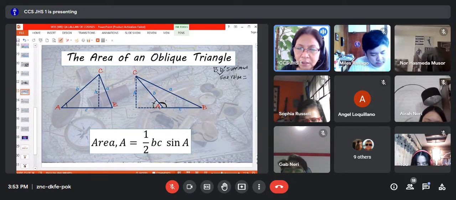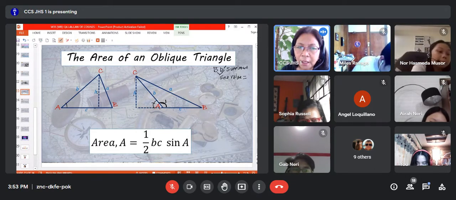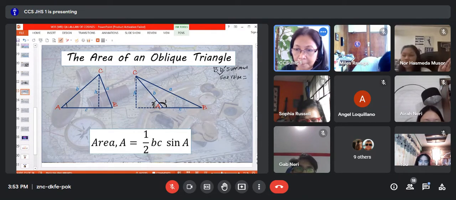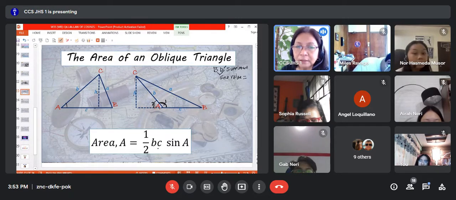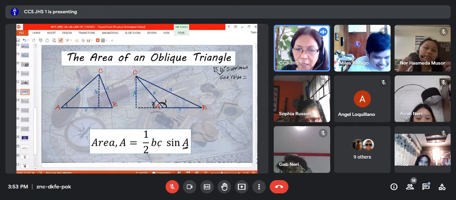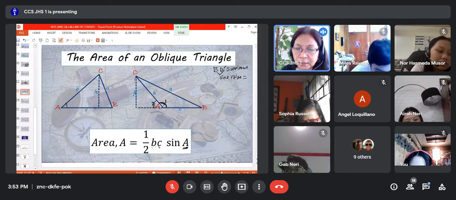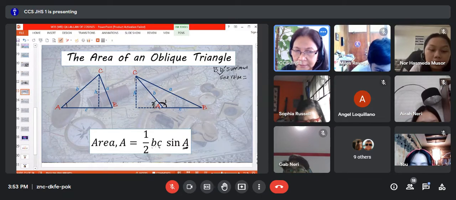Angle 1 and angle 2 are supplementary, so their sines are the same. Even if your triangle looks like this or like this, the same formula applies, as long as angle A is the included angle of the two sides.